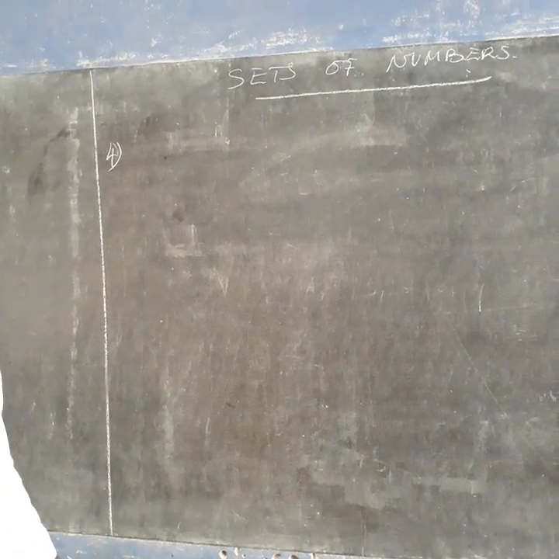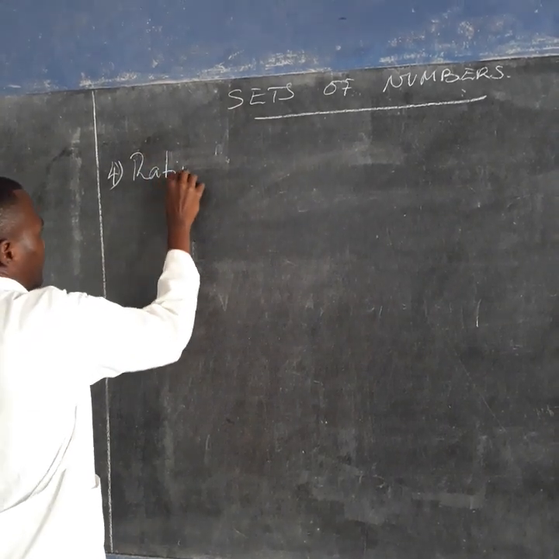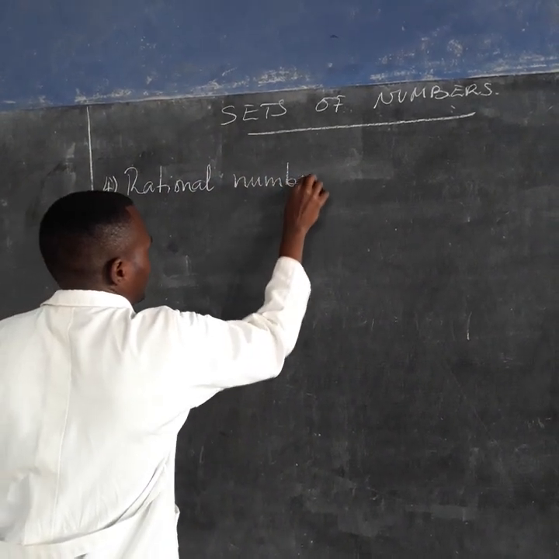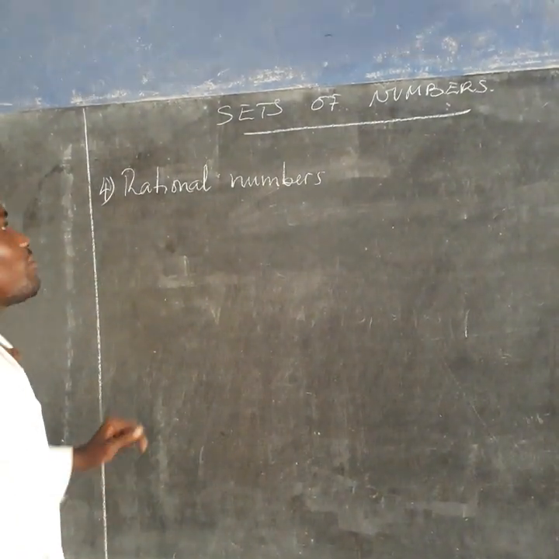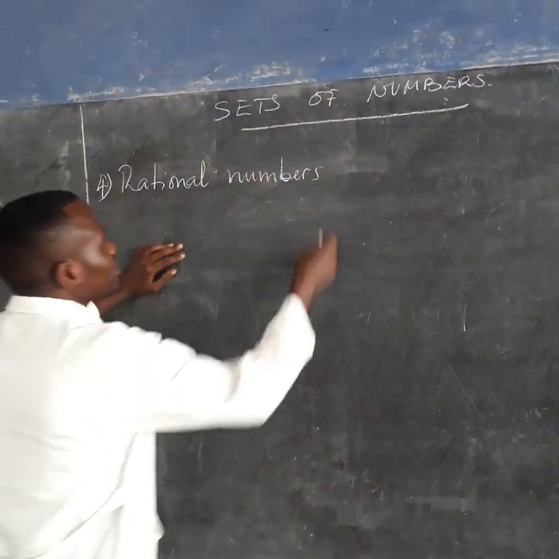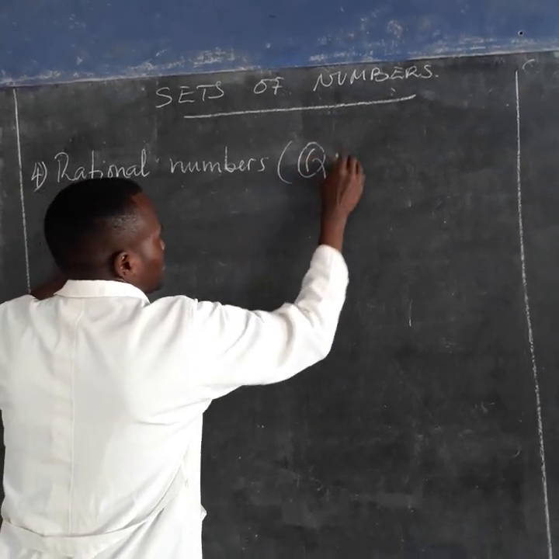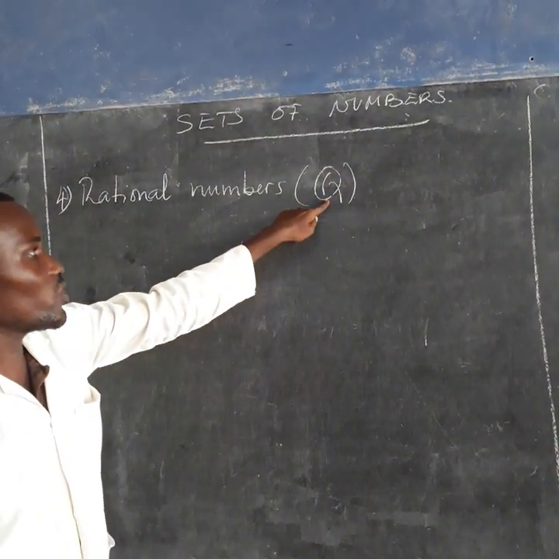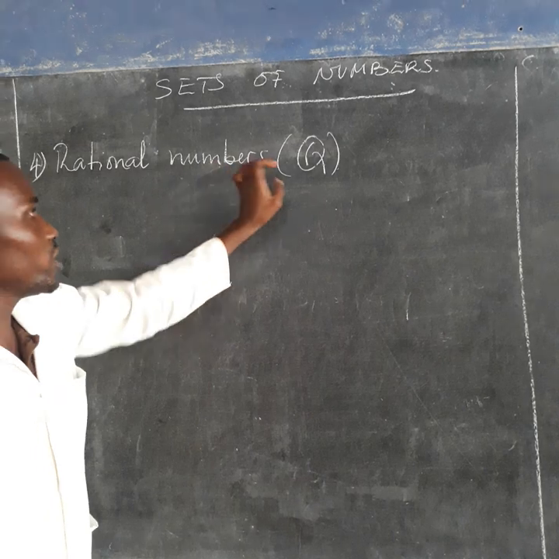Number 4 is rational numbers. The symbol we use to represent rational numbers is Q, like this. Wherever you get Q, which is written like this, it means it is a rational number.